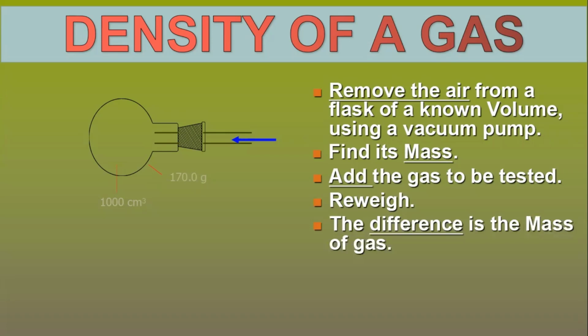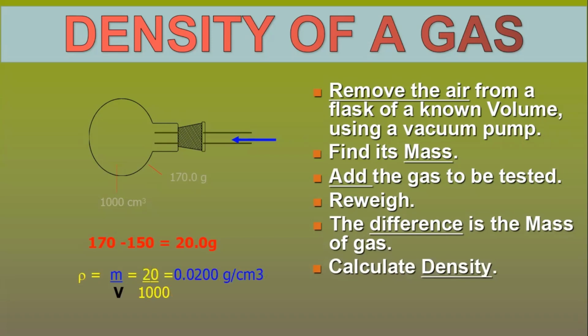The difference in their masses is 170 minus 150, which is 20 grams. Then calculate density. Density is mass over volume, so it will be 20 grams over 1000 cubic centimeters, which is 0.0200 grams per cubic centimeter.